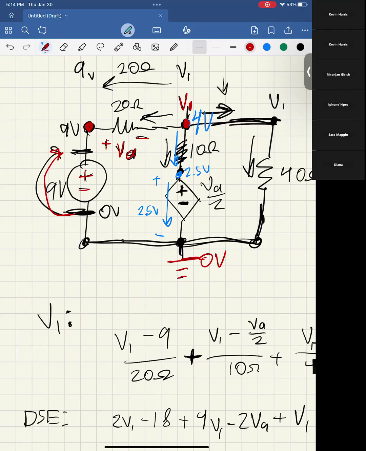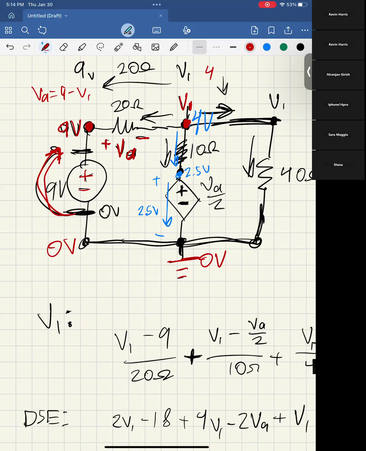So if there's 0 volts on the bottom here, then there has to be 9 volts on the top. And VA is the voltage across this resistor, so that means VA is 9 minus V1 because we have the plus side over here and the minus side over there. If there's 9 volts over here and 4 volts over here, then VA would equal 5.